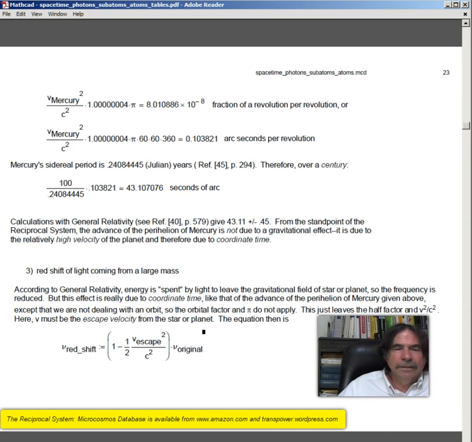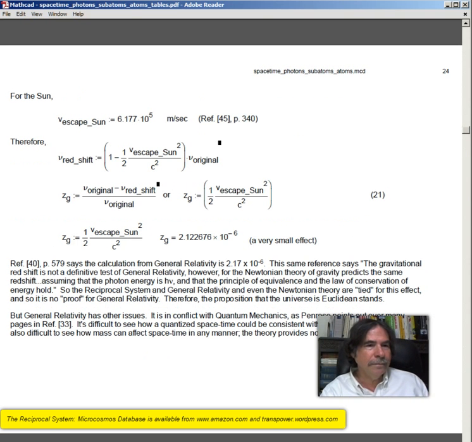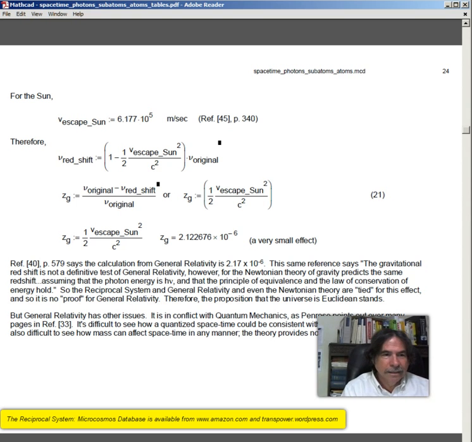frequency nu redshift equals 1 minus 1/2 times v escape squared divided by c squared times the original frequency. For the Sun, the escape velocity is 6.177 times 10 to the 5th meters per second, and hence the redshift frequency must be 1 minus 1/2 the escape Sun squared over c squared times the original frequency.